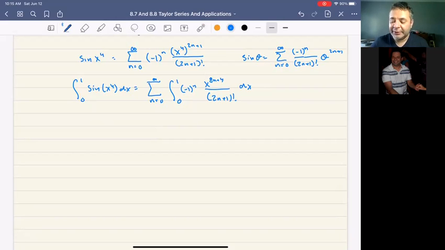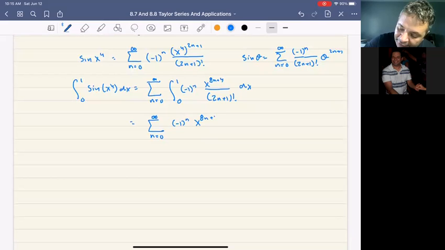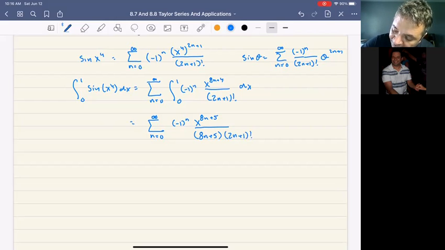So let's take the integral term by term. That's going to be negative 1 to the n, x to the 8n plus 5 over 8n plus 5 times 2n plus 1 factorial, from 0 to 1.